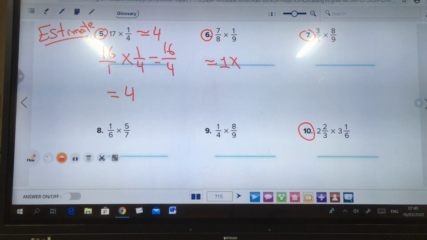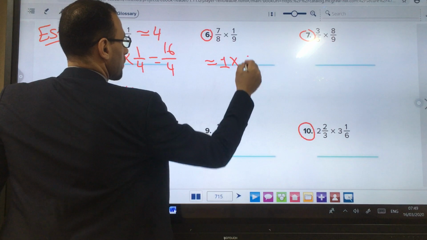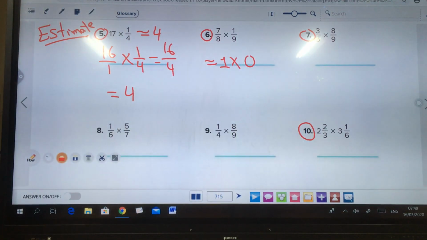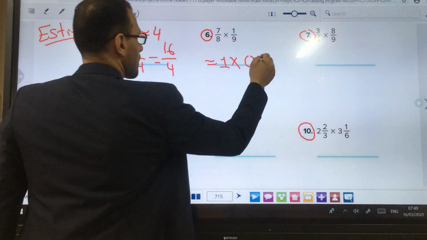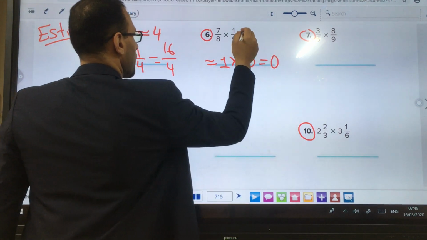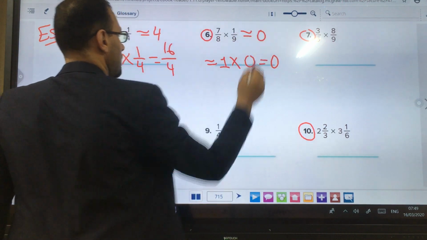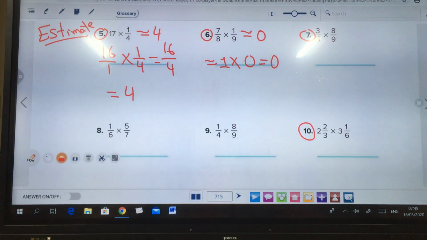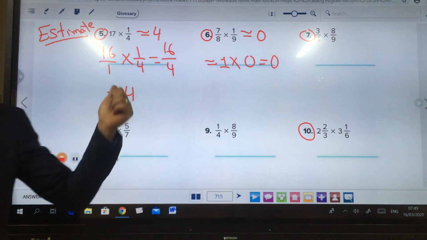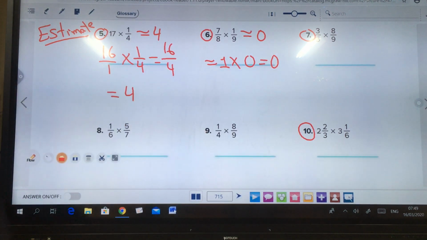Yes, Khalid, closer to 0. So 1 times 0 equals 0. Now, this will be about 0. Any question? We round each fraction to 0, 1/2, or 1, according to the fraction.